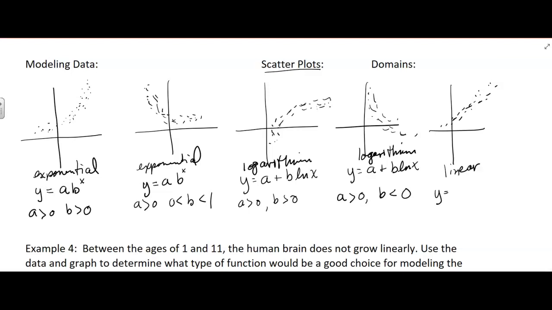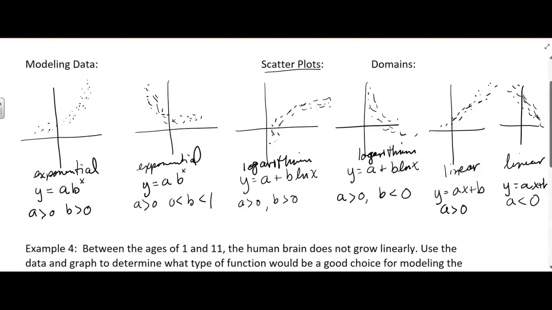Where y equals ax plus b, and a is greater than 0, that has a positive slope. Or you could have something that's constantly decreasing at a certain ratio, and so that would also be linear, but a is less than 0. All right, let me write that in. Same equation. Okay, so there's 6 of them, and it can be tricky sometimes to know which one it is.